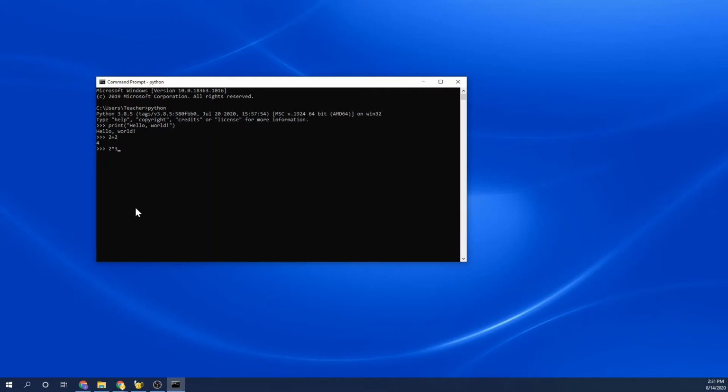We can basically write a lot of instructions line by line in Python and see the results. You can even write loops and things like that where it's interpreting more than one line at a time, but it's interpreting small blocks of code at a time.